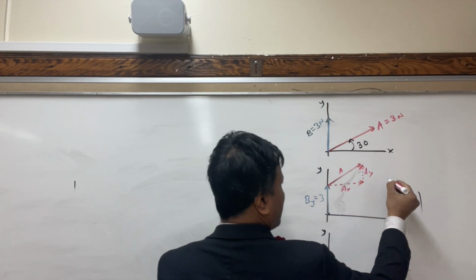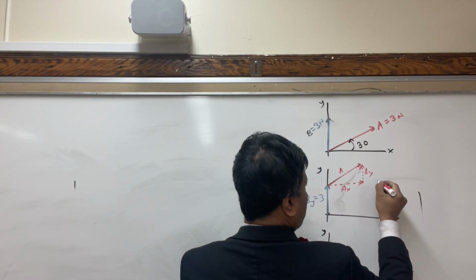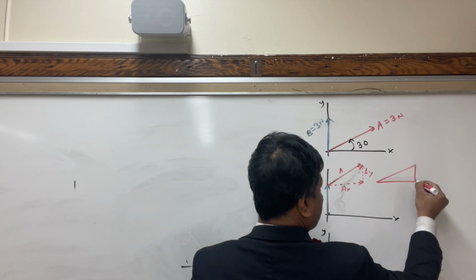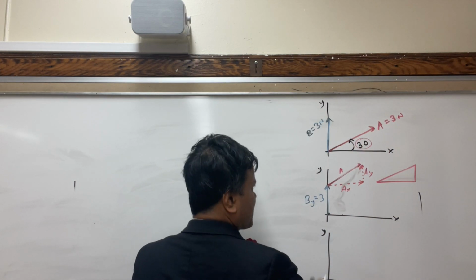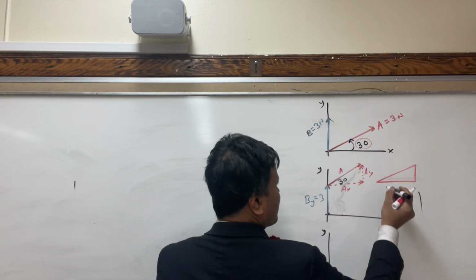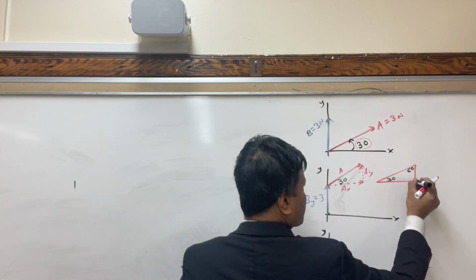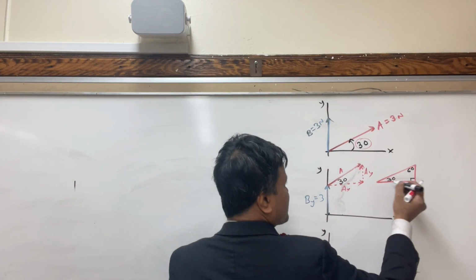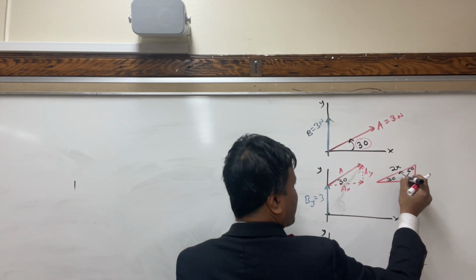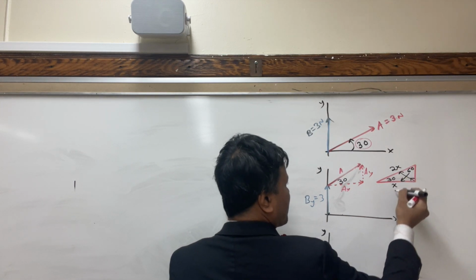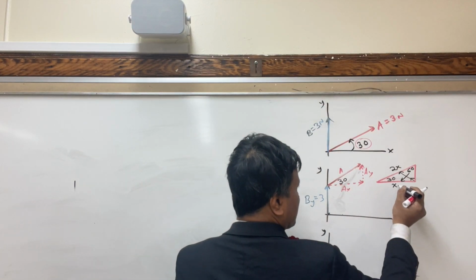We can quickly find the ax and ay by drawing it over here. So if this is 30, this must also be 30, then this must also be 30, then this must be 60, and this must be 90. This is 30, 60, 90, so the hypotenuse is 2x, and the side opposite to the second biggest angle is x root 3.